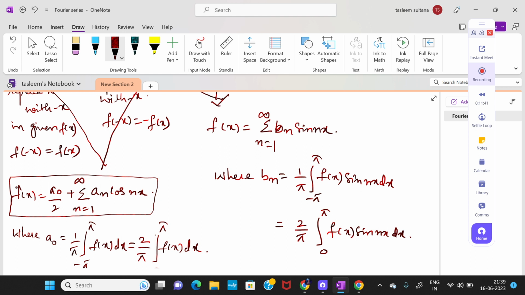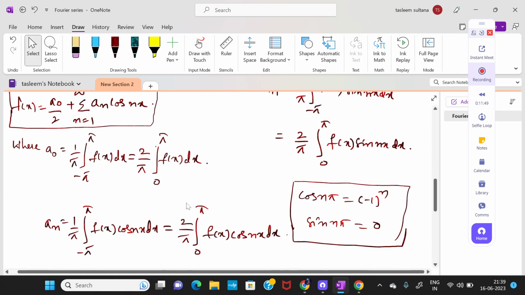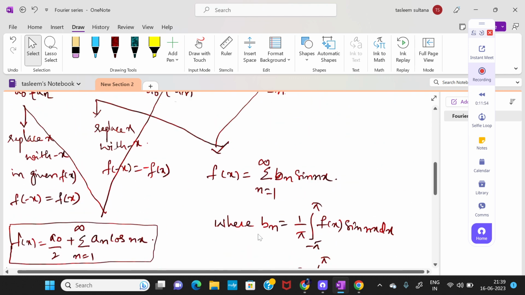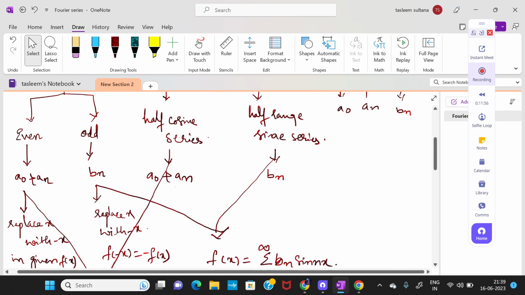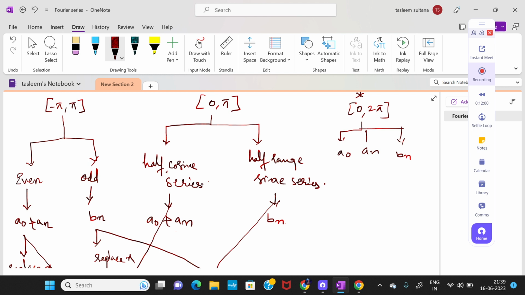When you are finding, your a naught will change to 2 by pi integrating 0 to pi f of x into dx. An is equals to 2 by pi integrating 0 to pi f of x into cos nx into dx. Even for the half range cosine series also, you are going to find a naught and an.